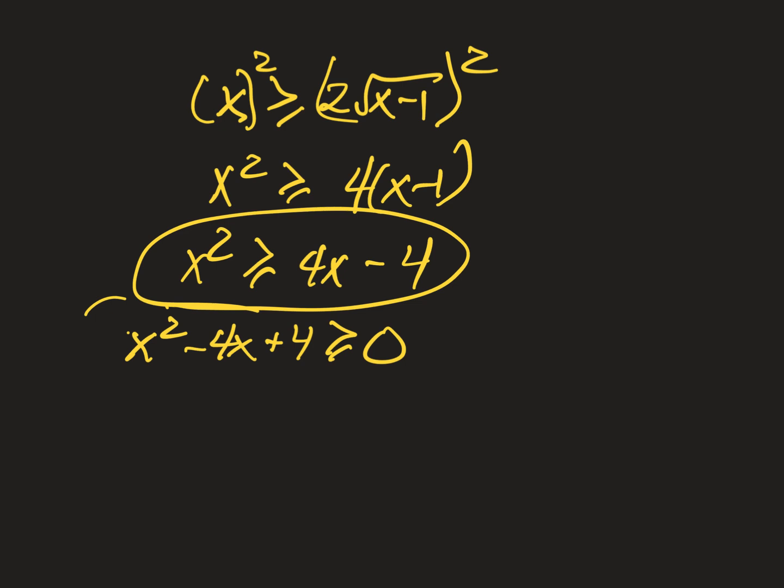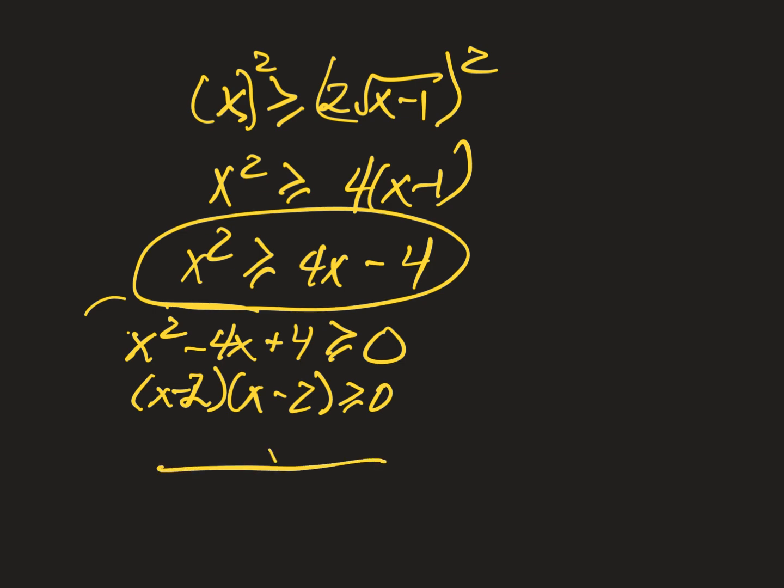Okay? Which is, you could use factoring here. And so the critical point is only 2.